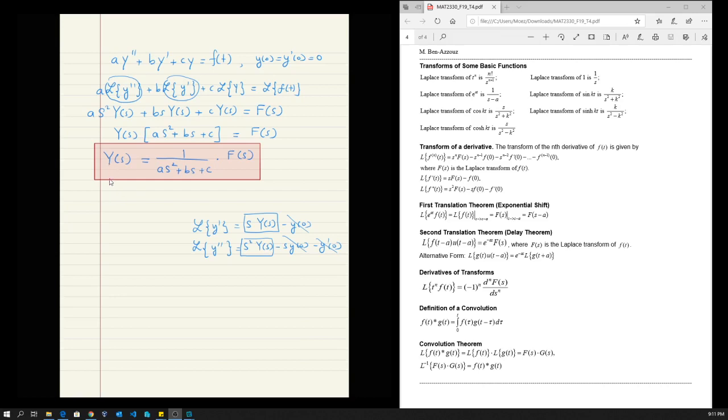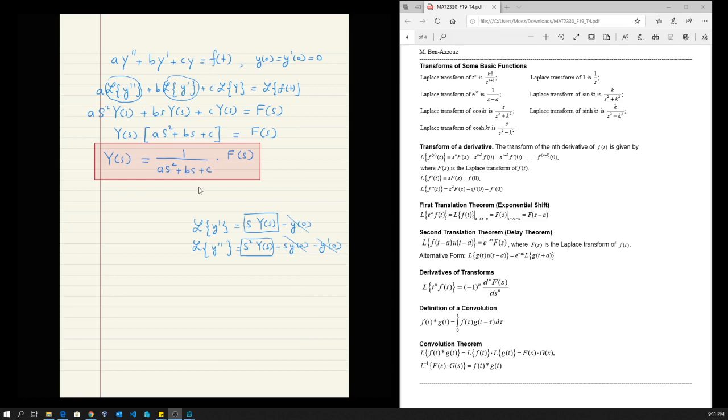And remember, we typically, as mathematicians at least, because engineers don't even have to go back, we like to go back to little y of t because we want to get the solution of little y of t to this differential equation. So we like the solution in the time domain.